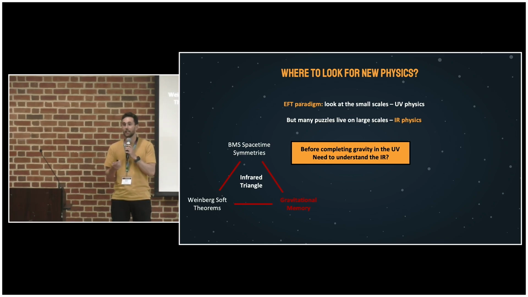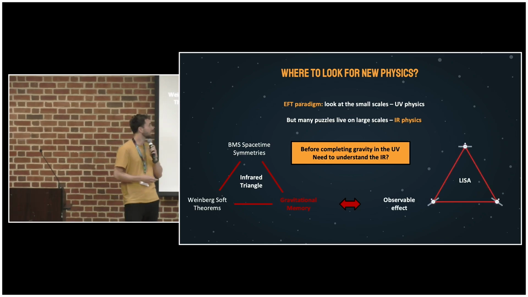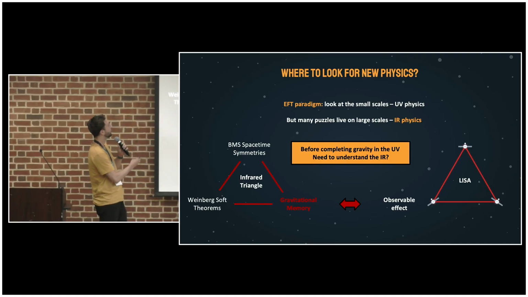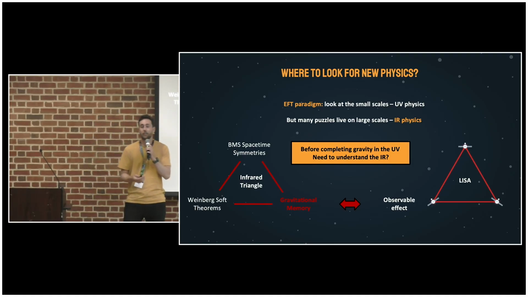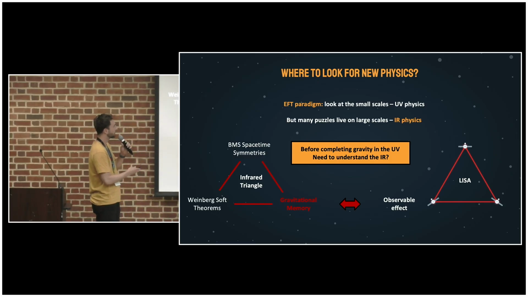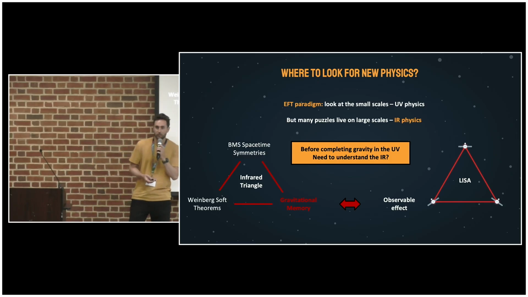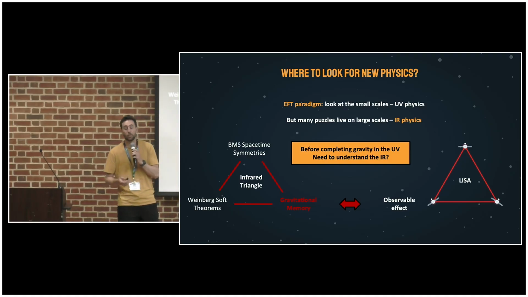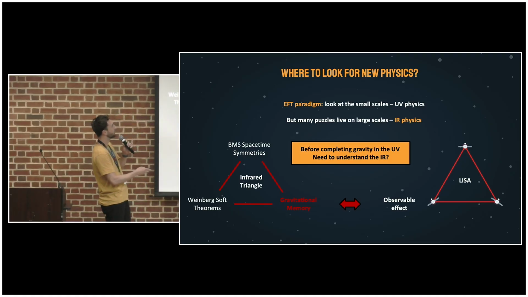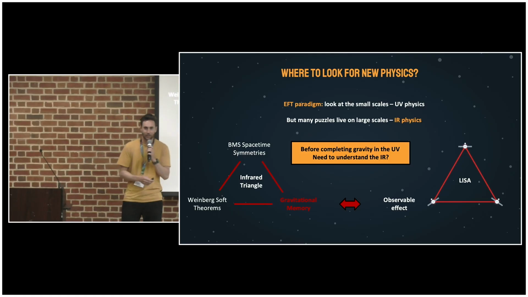The exciting thing is that LISA might be able to probe this low energy sector of field theory through what is called gravitational memory, which we already heard about in the first talk of this session. So in this talk, I want to give a very brief overview of the connection between these two triangles.